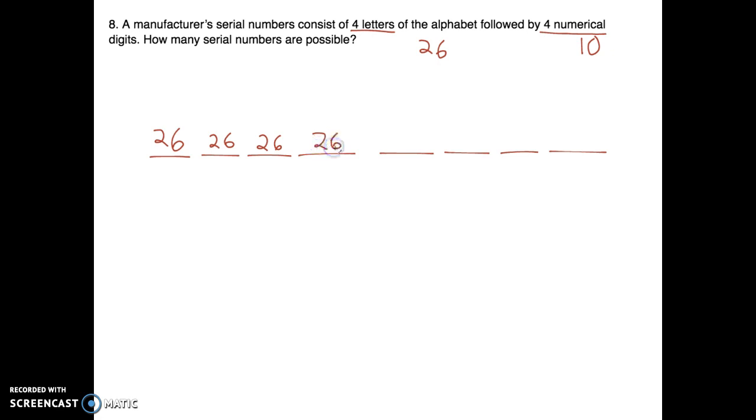So there's our alphabet, followed by our digits, and we're also going to assume those can repeat. You can put multiplication signs in between each of these and then multiply all of those out. It's going to be a really big number.